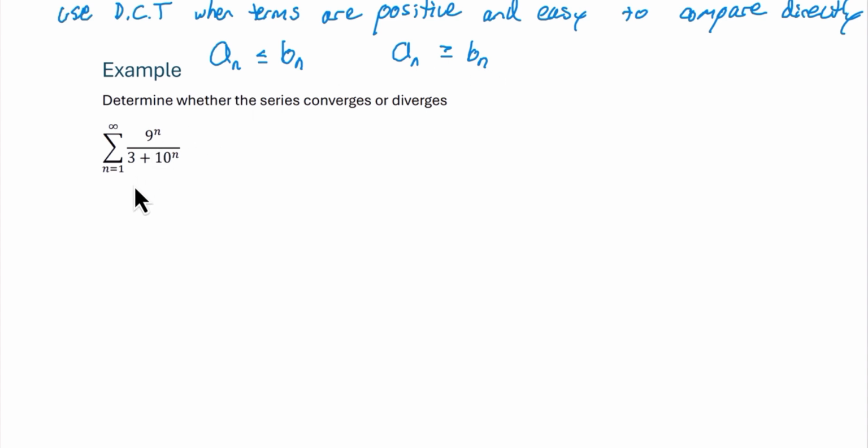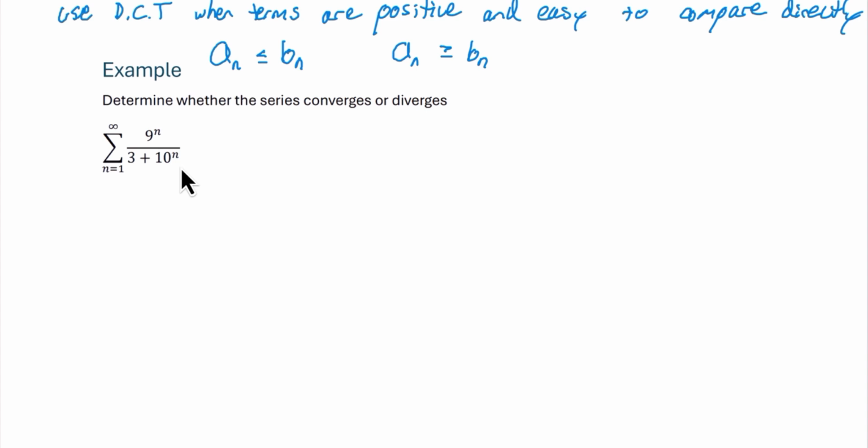Looking at this example, do we use a direct comparison or do we need to use limits? If n is getting really big, we can kind of look at the main parts. This 3 is going to be negligible in the end. We're looking at basically 9 to the n divided by 10 to the n.